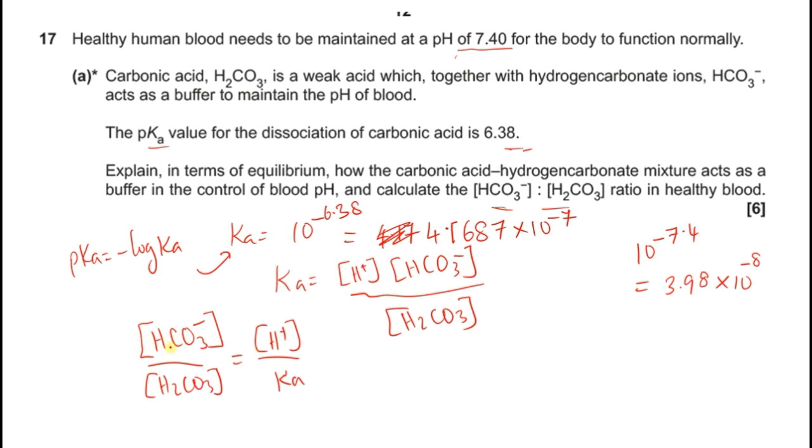Now I want to know the ratio of this conjugate ion to this acid. That's what the question's about, right? So you've got this ratio. If you rearrange this, keep the Ka and the H plus on one side, the ion to the acid. I think I've made a mistake here. Let me just change that to Ka.